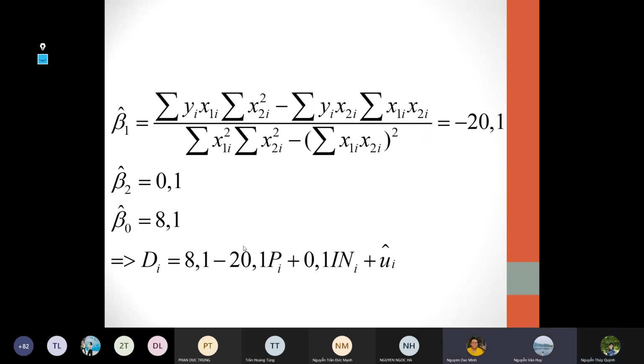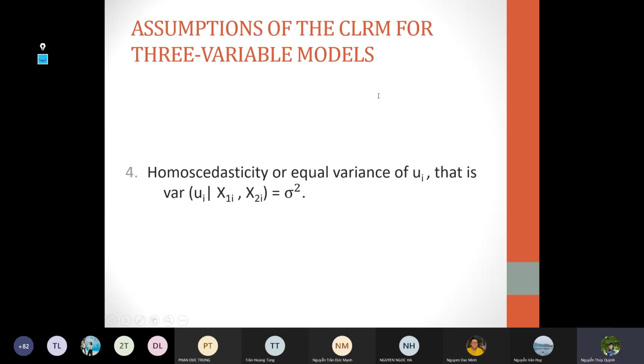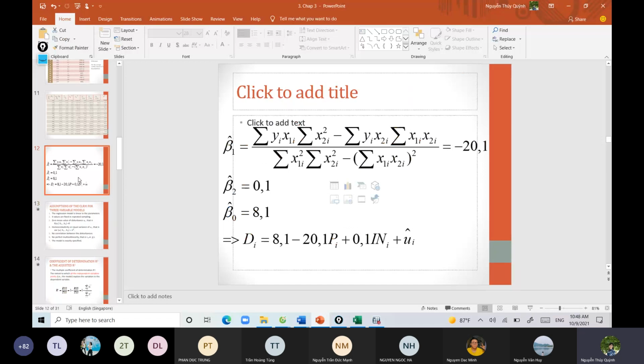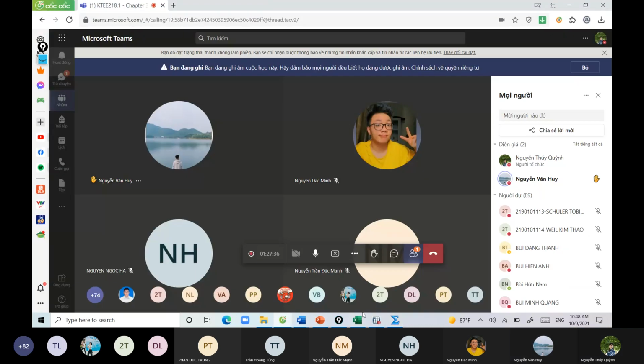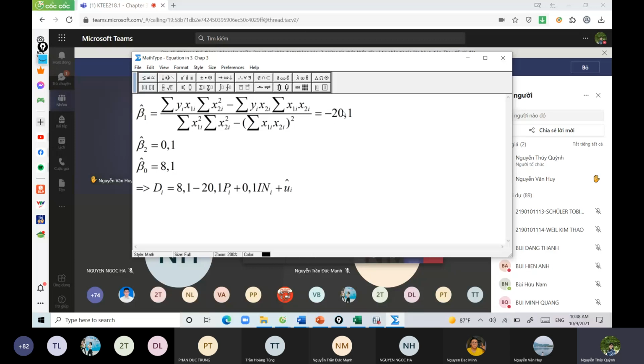There are two variables, P and I, so perhaps there are two slopes. Sorry, I'll correct this a little bit.